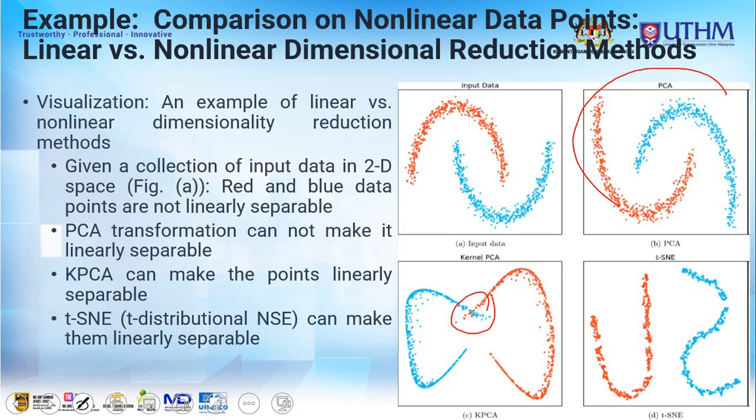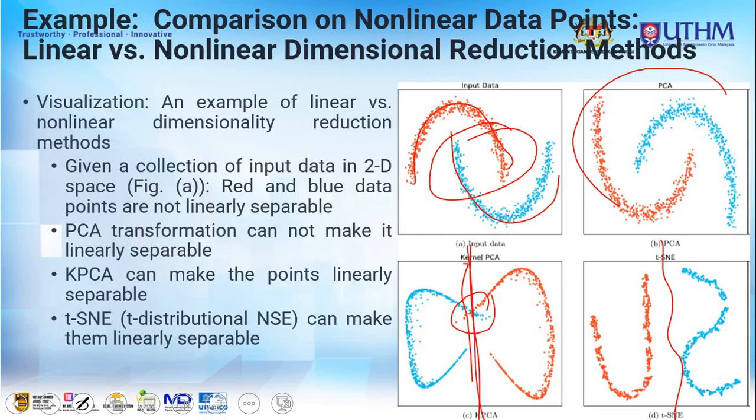The last one, TSNE, also makes the points linearly separable. Can you see? Originally this part overlaps, but here you can see it's separable, linearly separable.